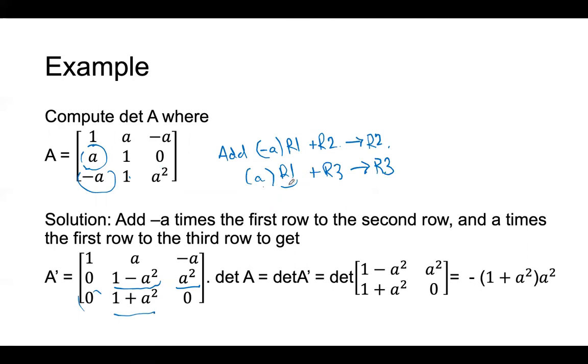Then A times row 1: A squared plus A squared is 0... Okay, so we have some zeros. Now we can take out the 1, and then we cross multiply this part times this, which is 0 times A squared times 1 plus A squared. This part is negative, there's a negative times this.